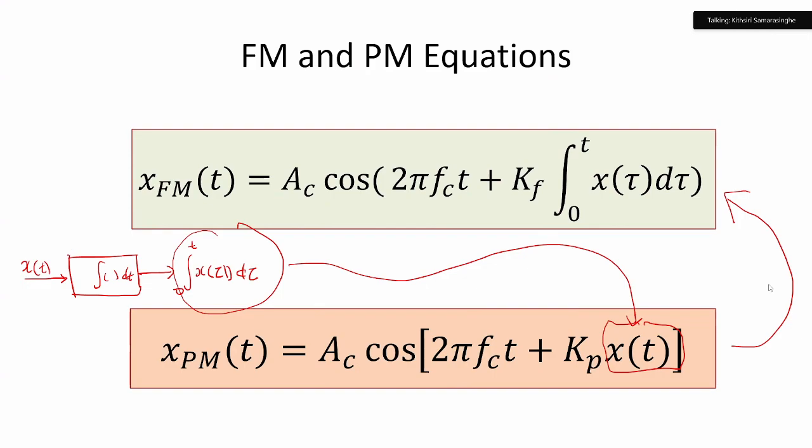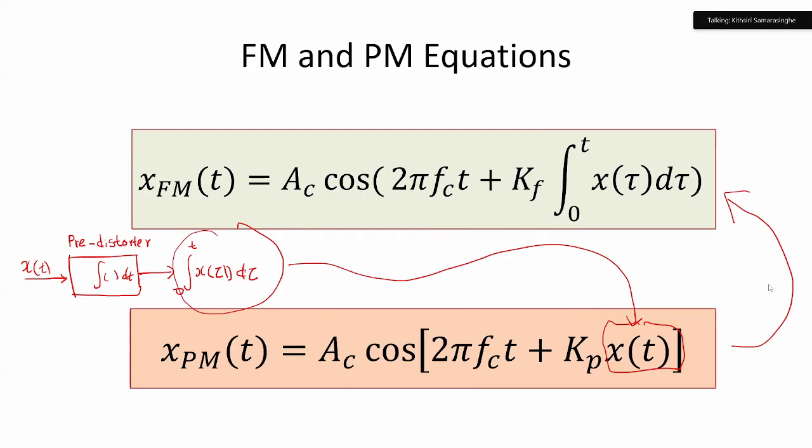This circuit, the integrator circuit, in practice is called the pre-distorter, because our x(t) when integrated will be distorted. It will be distorted due to the integral.